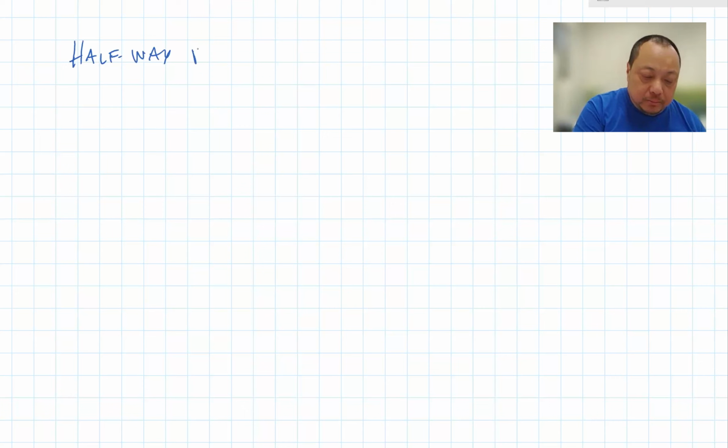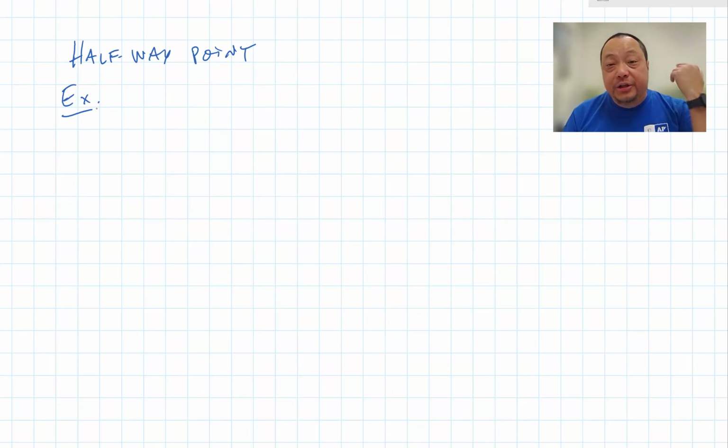Another significance of the arithmetic mean is actually a lot less complicated, and that is it's the midway point. It's a halfway point. So let's take an example. Suppose I hire you to do some work for me, and I pay you, let's say, $20 an hour.